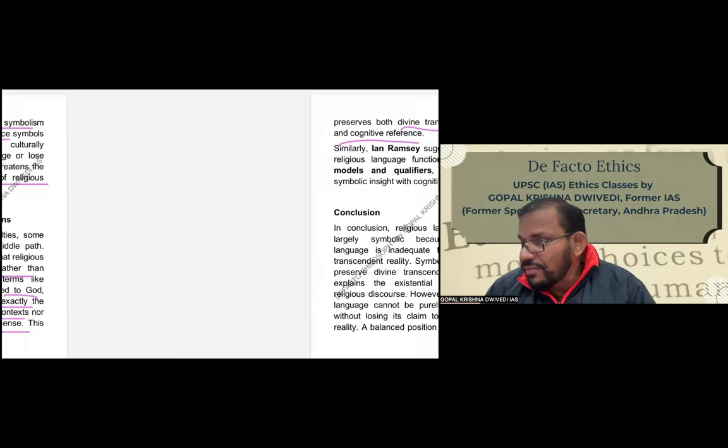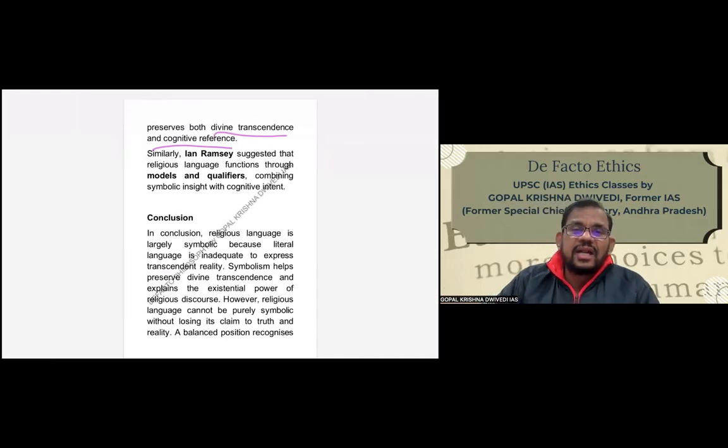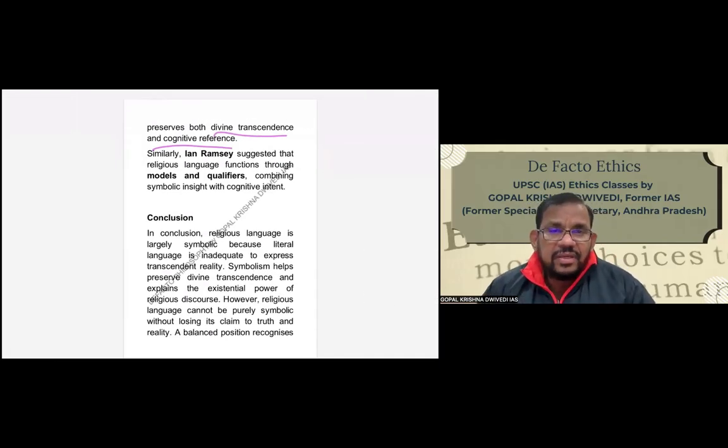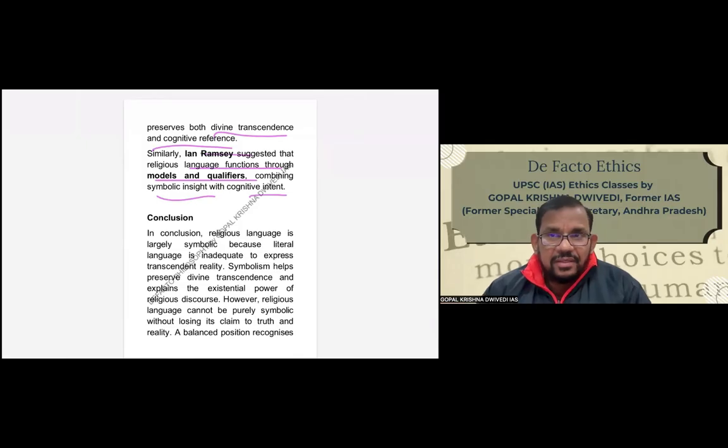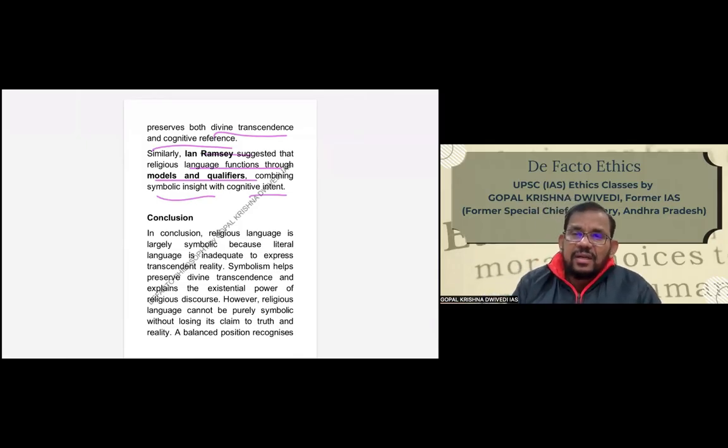So this preserves divine transcendence also. Similarly, Ramsey has suggested that religious language functions through models and qualifiers. So he has combined symbolic insight with cognitive intent. These views are somewhere in between the symbolic and non-symbolic views.